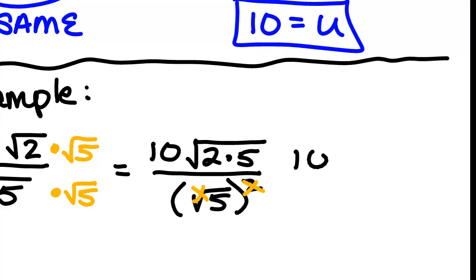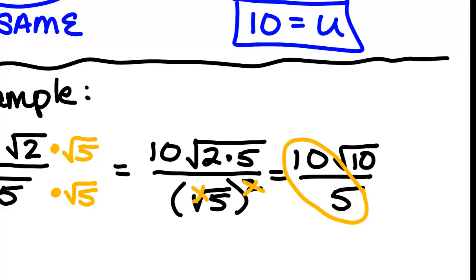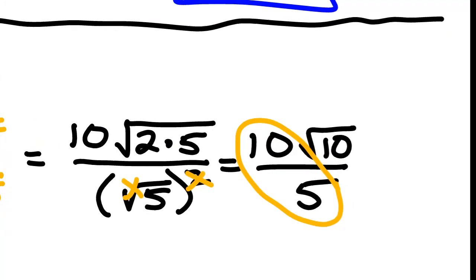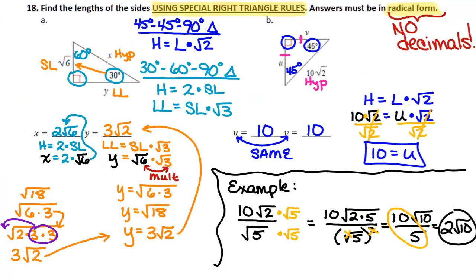So 10 radical 10 over 5. The last thing I have to do is anything that's not under a radical, I have to see if that can reduce. 2 radical 10, yes. So that's how you handle it if it's not the same thing top and bottom, if you can't cancel it out. All right.